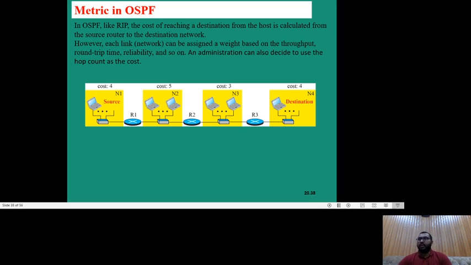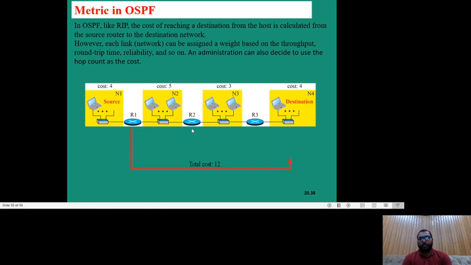If I ask this question normally, the majority of you will say, sir, direct communication. But if the cost is lower, even with multiple hops compared to the direct one, you will select that based on Open Shortest Path First. You have to select the multi-hop path.